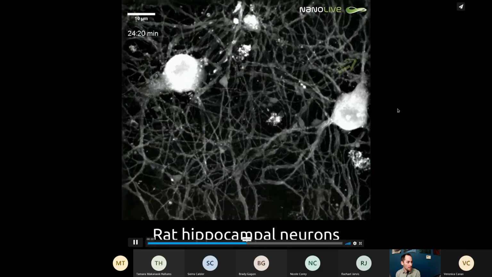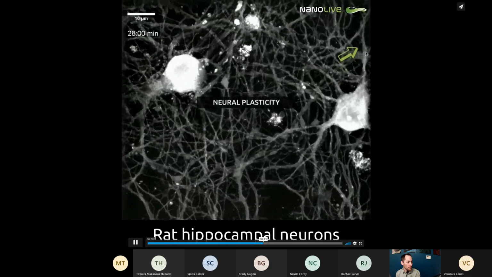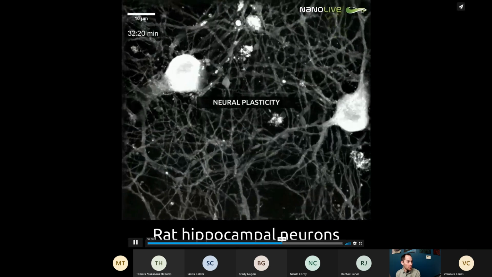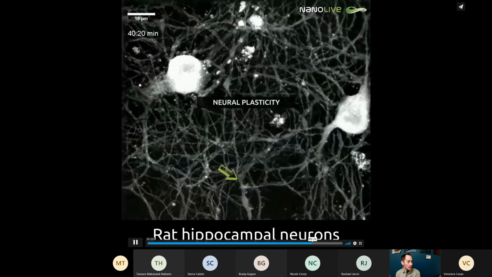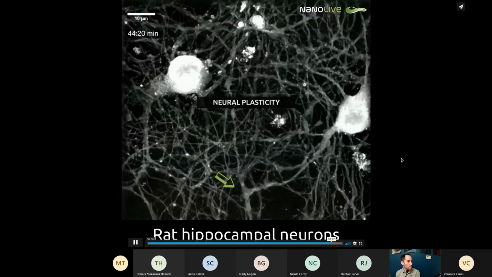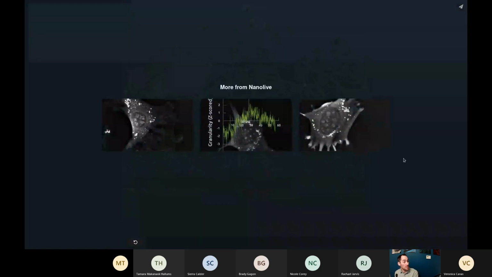What we're most interested in is that dendrite growing and reaching out even further than it was before. So that can happen within hours. You can build new connections between neurons within just hours.